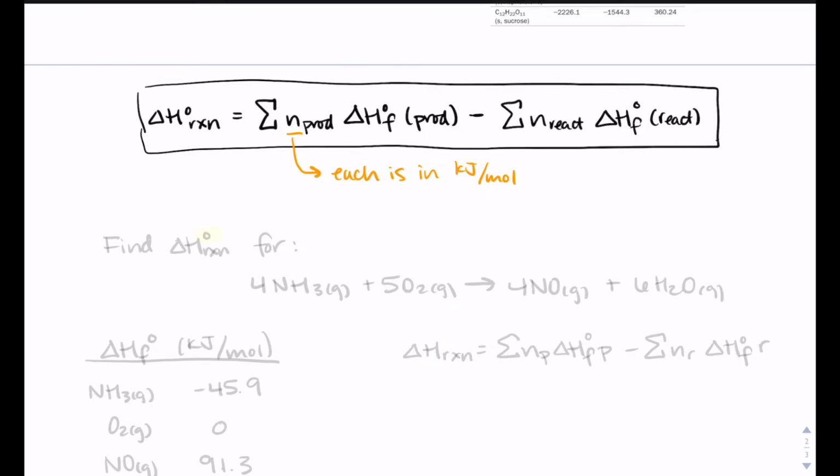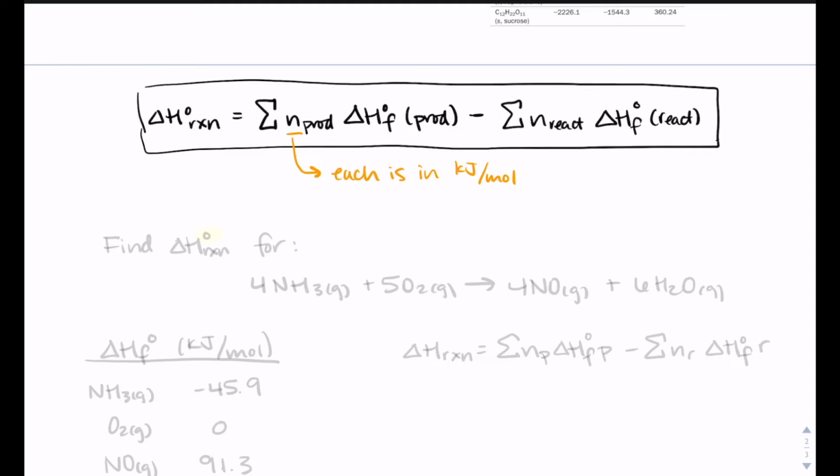So what does the equation look like? It's this one, delta H reaction with a little circle, meaning the standard. It's the sum of the number of moles of product times the enthalpy of formation of those products minus the sum of the number of moles of reactants times the enthalpy of formation of the reactants.